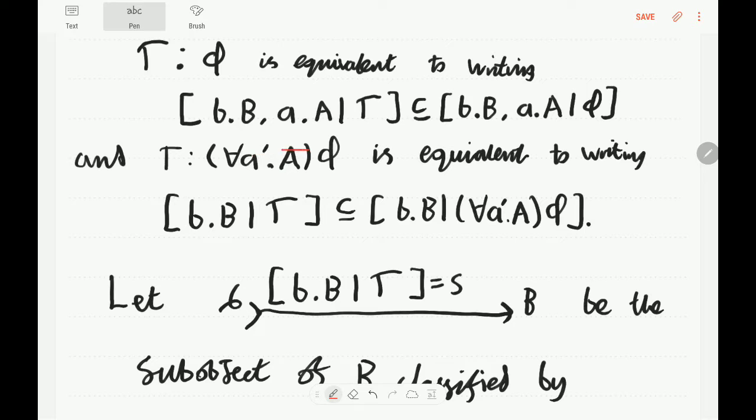It had a free variable in capital B and a free variable in capital A. But when we do this for all thing, we're really binding the variable in A. So now we're really talking about doing extensions just over the b's. And that suits the gamma fine, because gamma is naturally defined in terms of b's. It only has a free variable in b. So this is equivalent to writing that the extension of gamma over the b's is contained in the extension of for all a dash phi over the b's.